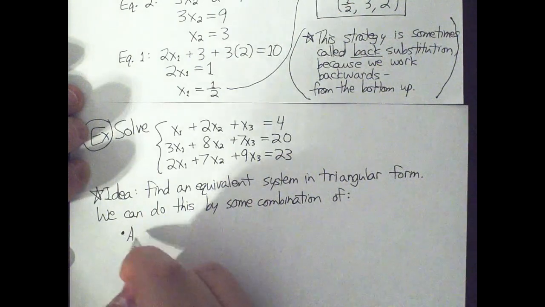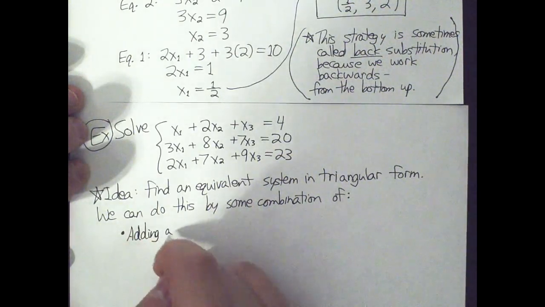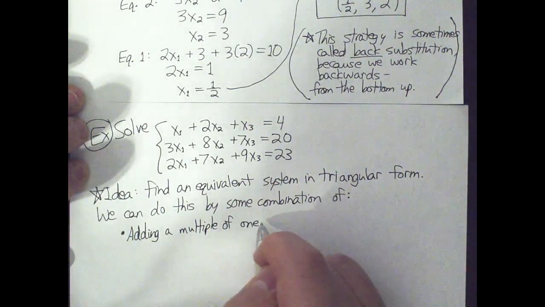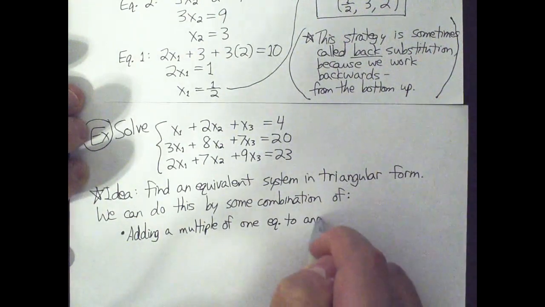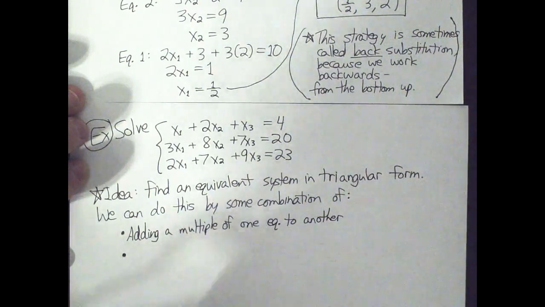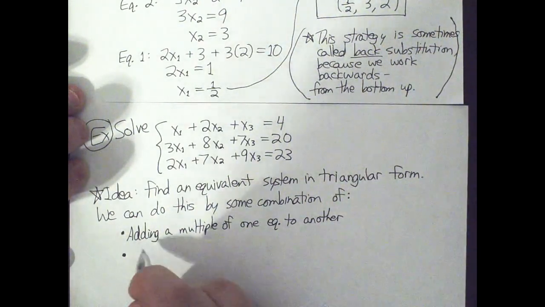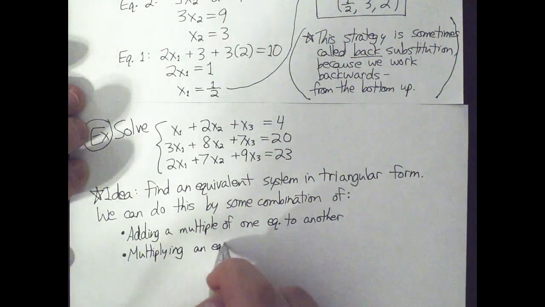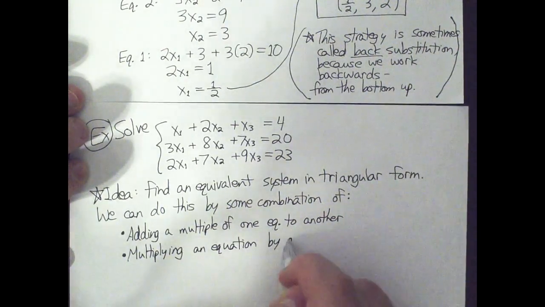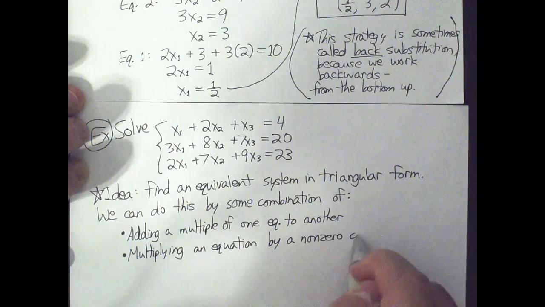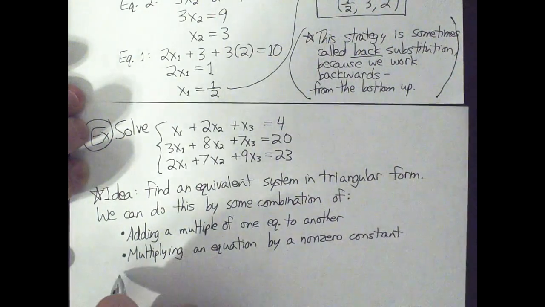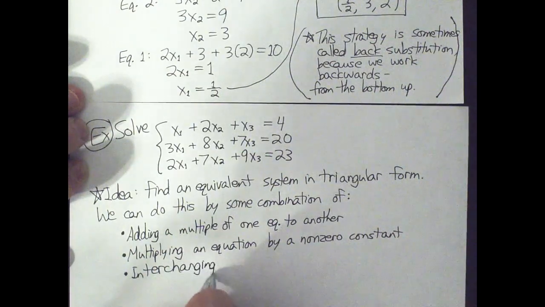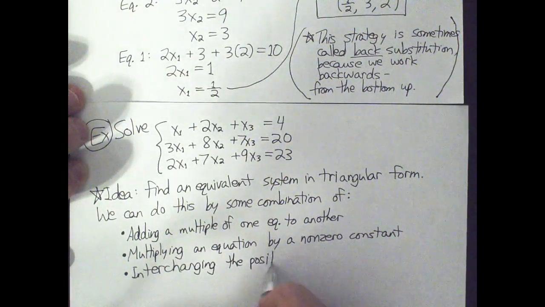So first of all, by adding a multiple of one equation to another, second, multiplying an equation by a non-zero constant, and third, by interchanging the positions of equations.